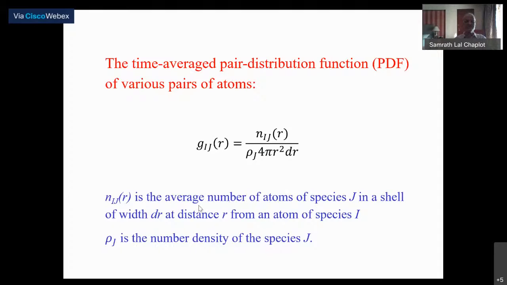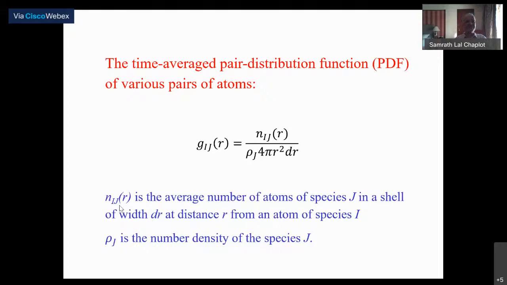Okay, so Nij is the average number of atoms of, let's say, species J around a species I. It is just how many atoms there are of type I and J which are at a distance between r and r plus dr.